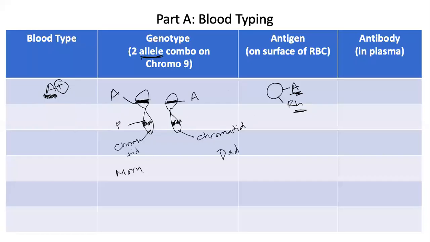Let's say this would be a code for the Rh factor, and this would be a code for the recessive factor. But since I have one dominant code and one recessive code, I'm going to display the dominant code.